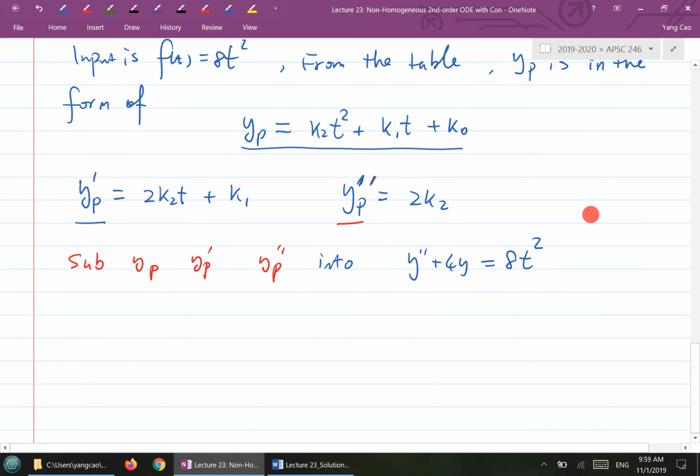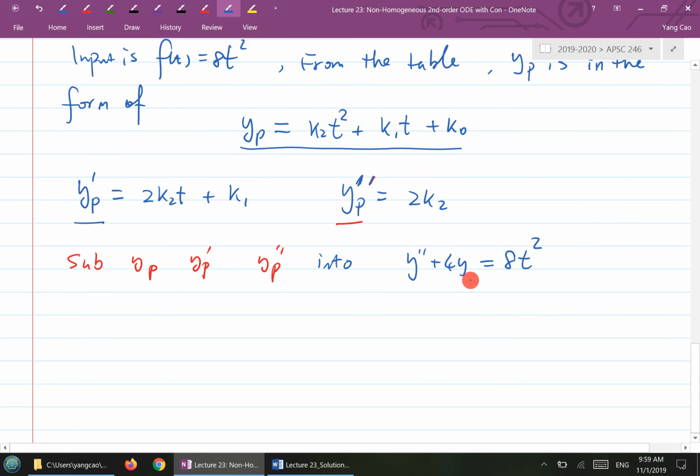So let's take a look at what happens. yp double prime is 2k2, so this term is basically 2k2 here. There's no yp prime, that's good. There's only 4y, so 4 times k2 t squared plus k1 t plus k naught, and then equal to 8t squared. And that's the substitution.